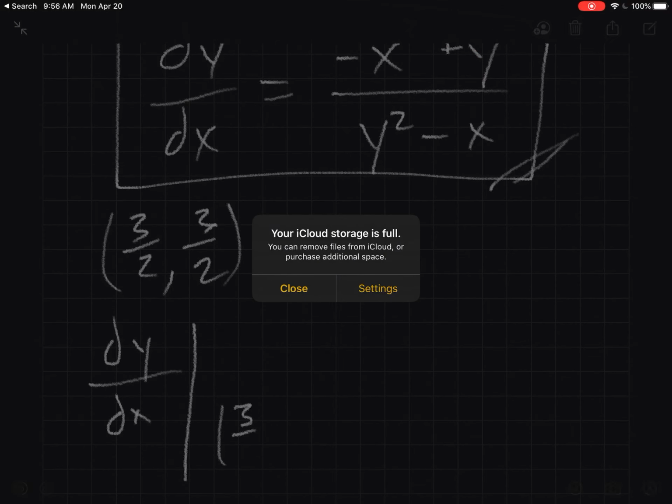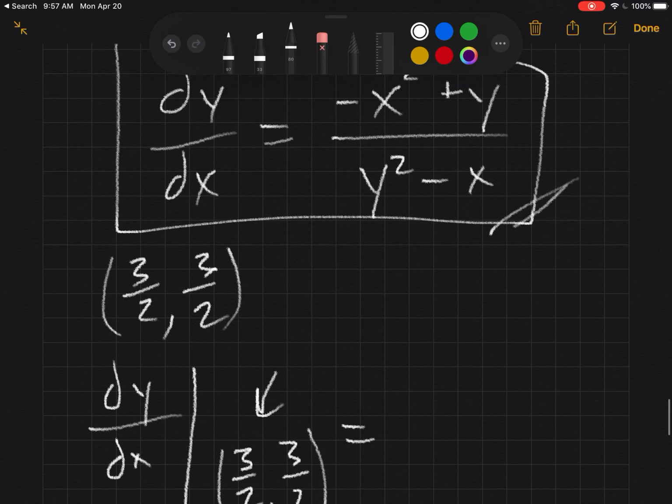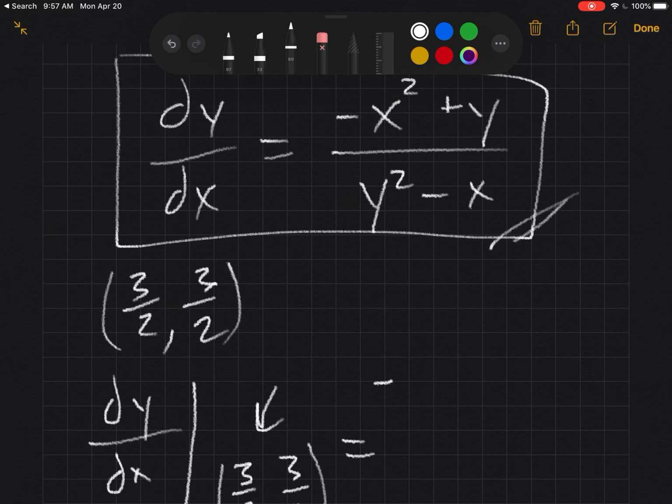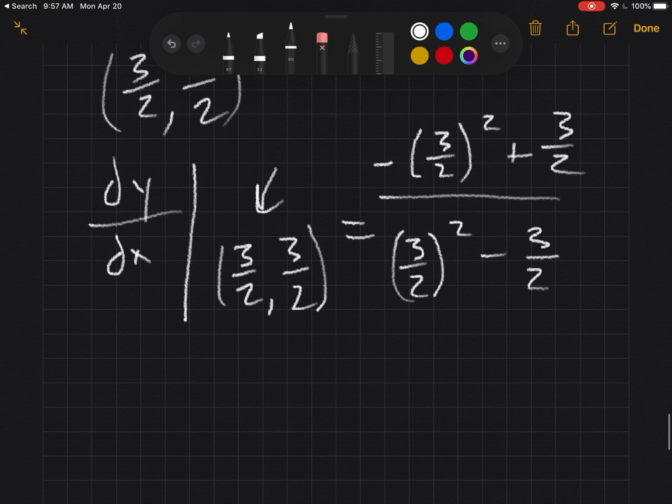The next thing we're going to do is find the value of this derivative at the point (3/2, 3/2). One notation that your book is using is to take the derivative of y with respect to x and then this line with 3/2, 3/2.